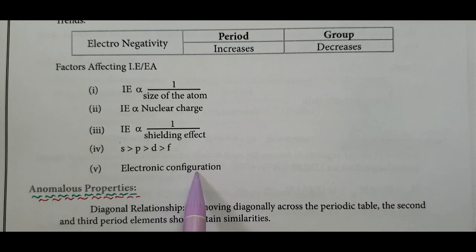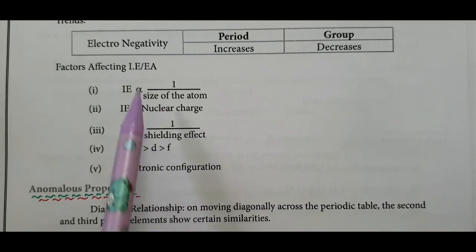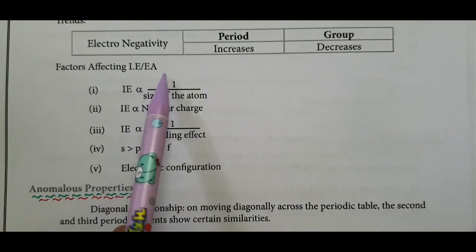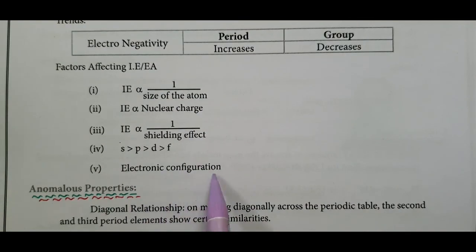Electronic configuration also affects ionization energy and electron affinity. Elements having completely filled and half-filled electronic configurations are more stable and have high ionization energy and zero electron affinity.